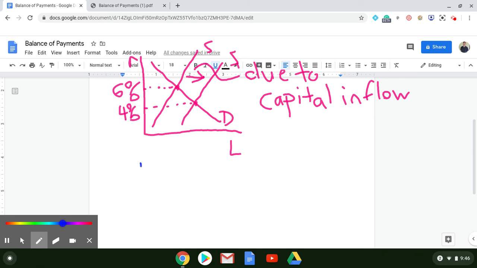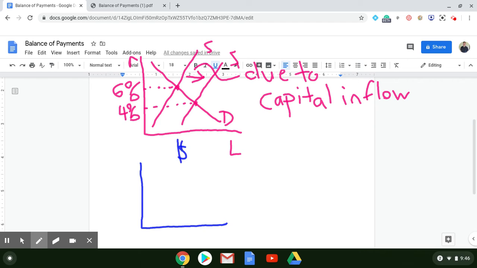So let's look at the foreign exchange market for dollars. We've got quantity here, and we're going to put this in pounds per dollar. Demand, supply. I'm just going to put a little E there for the exchange rate.